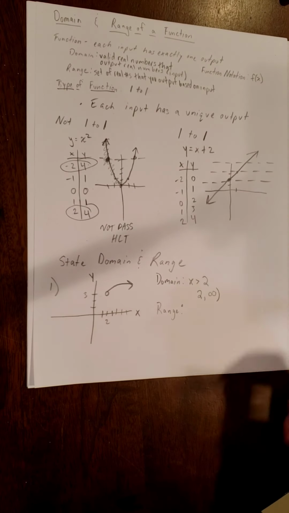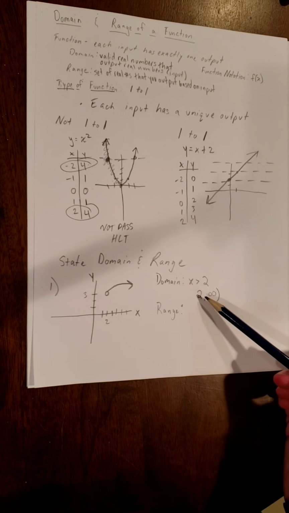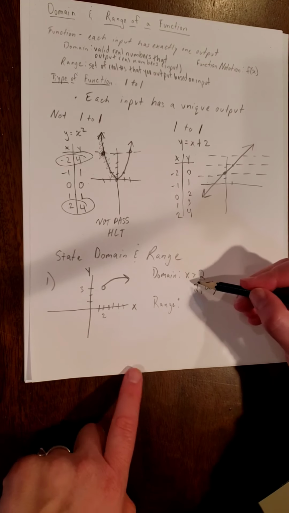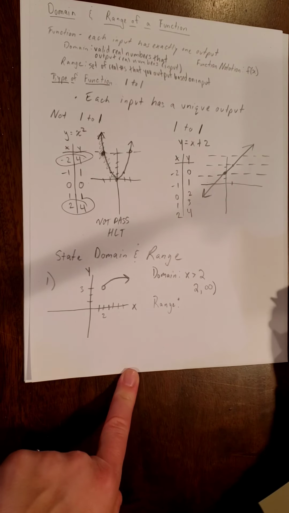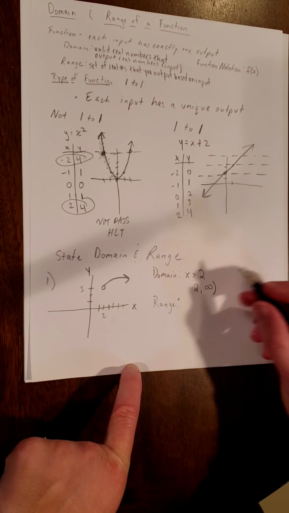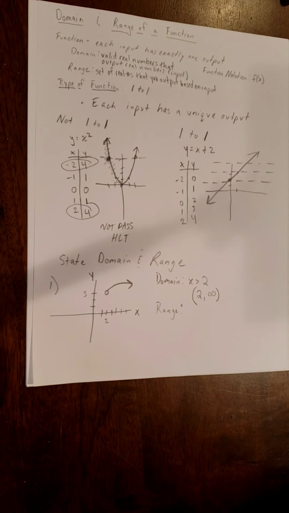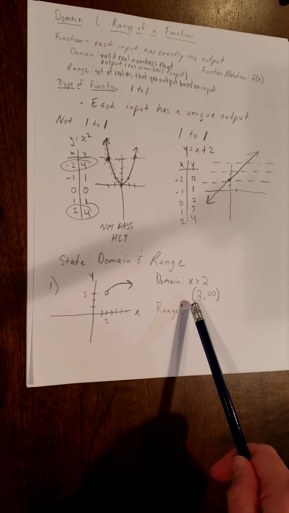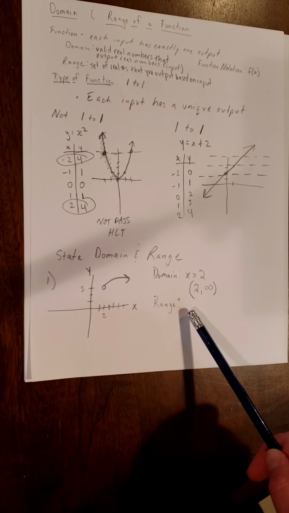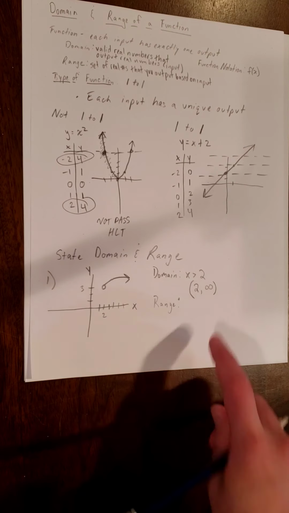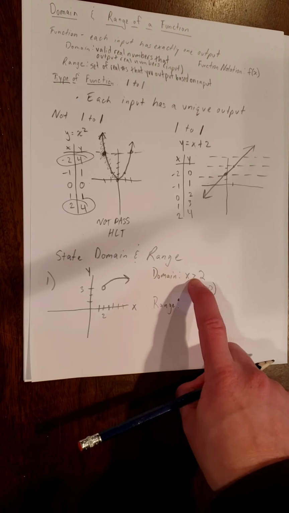You always use a parenthesis around infinity and negative infinity. If 2 is included, you would put a square bracket. If 2 is not included, you would put a regular parenthesis. So this is just the interval notation of saying x is greater than 2, and it means the same thing.